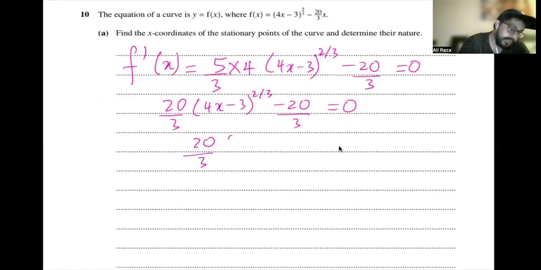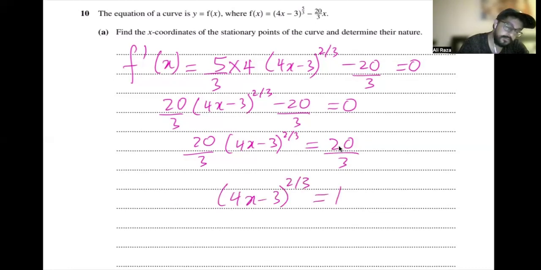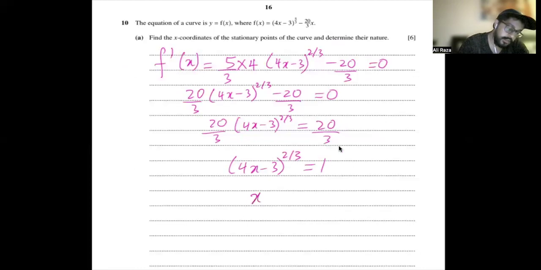20 upon 3 (4x minus 3) power 2 over 3 is equal to 20 upon 3. (4x minus 3) power 2 over 3 is equal to 1.